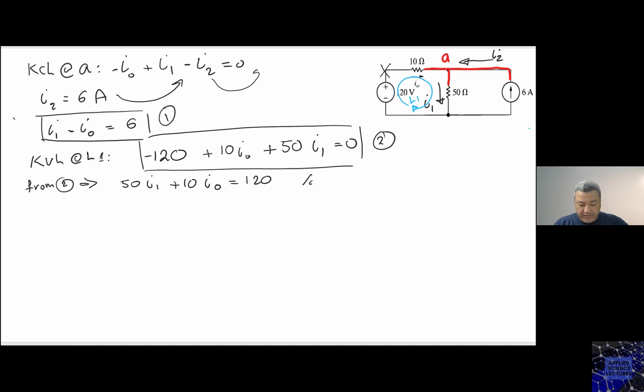If I divide the whole equation by 10, this becomes 5 I1 plus I naught equals 12. So this is 3.